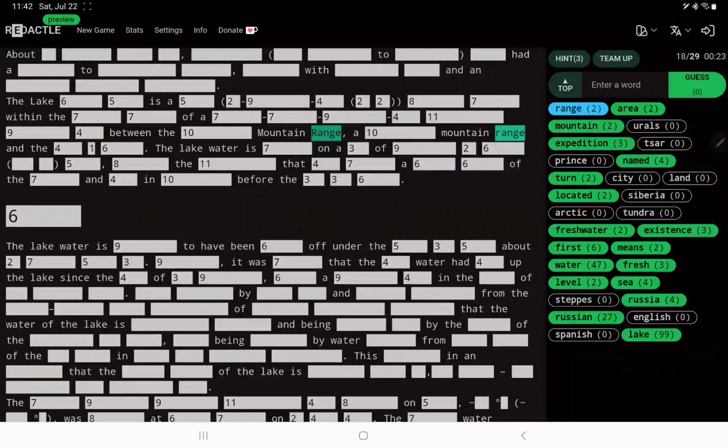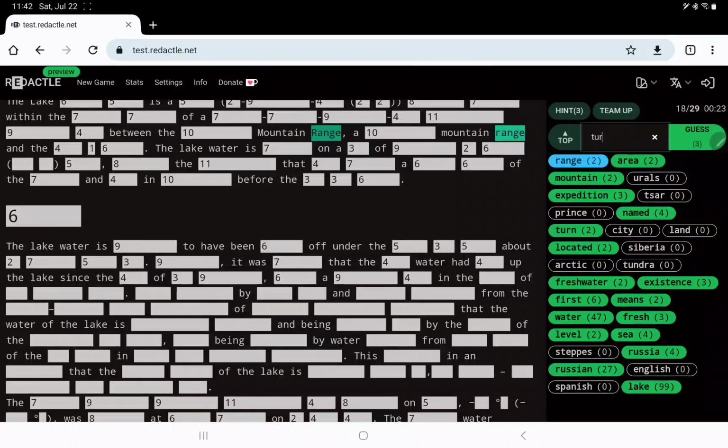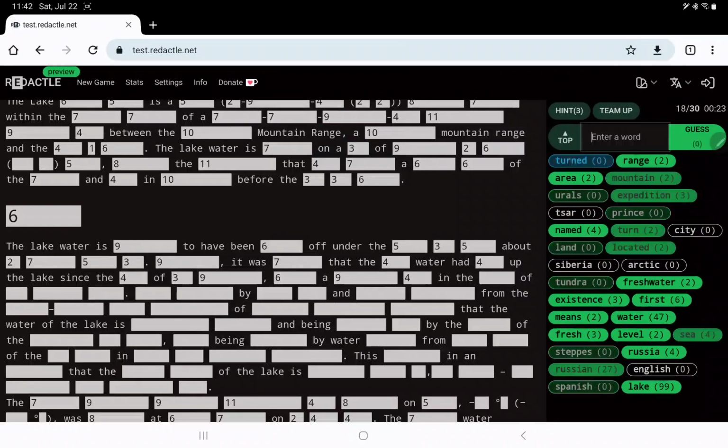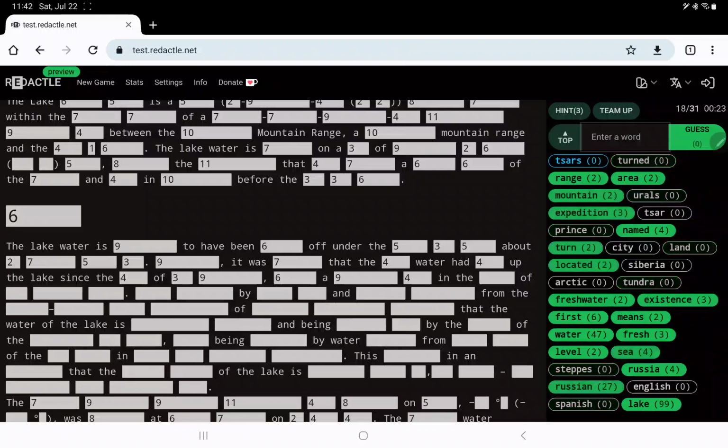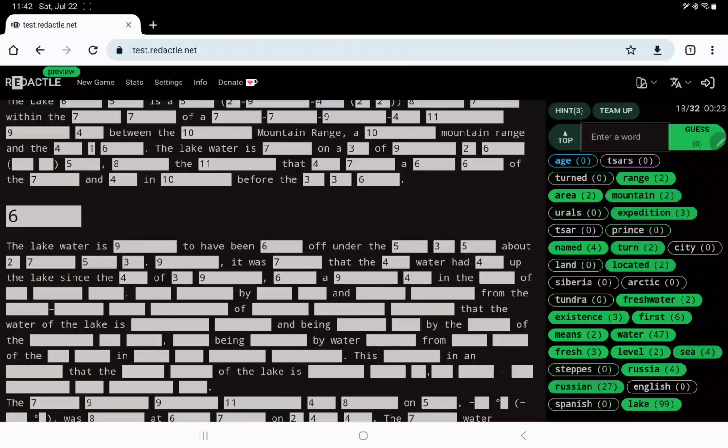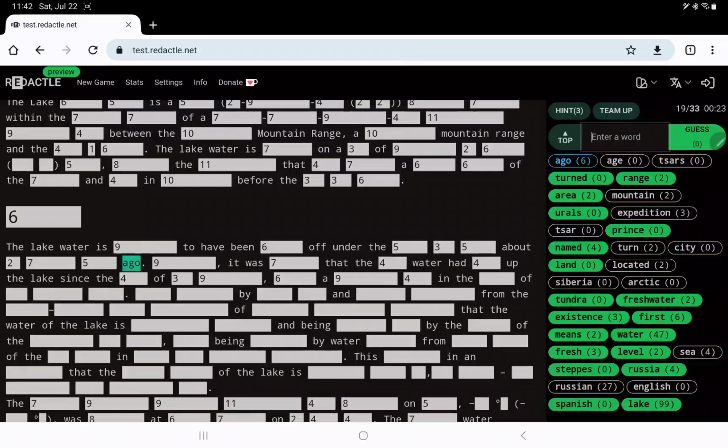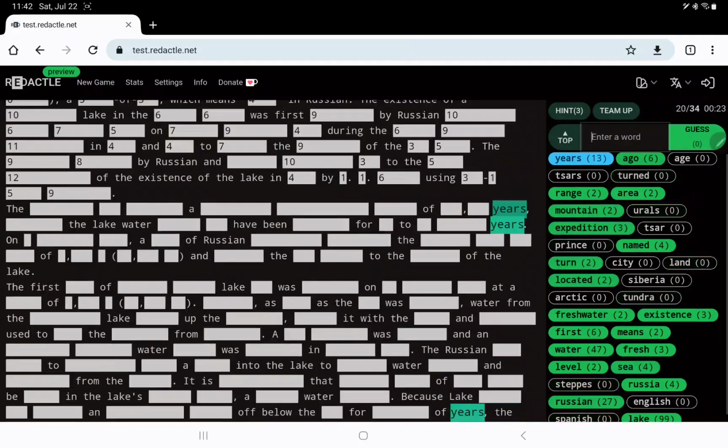The lake water is something to have been blank of. Well, let's do turned off. It doesn't make sense, but not to have been something off under the, well, czars plural? Nope. Under the something age? No, about so many years ago.